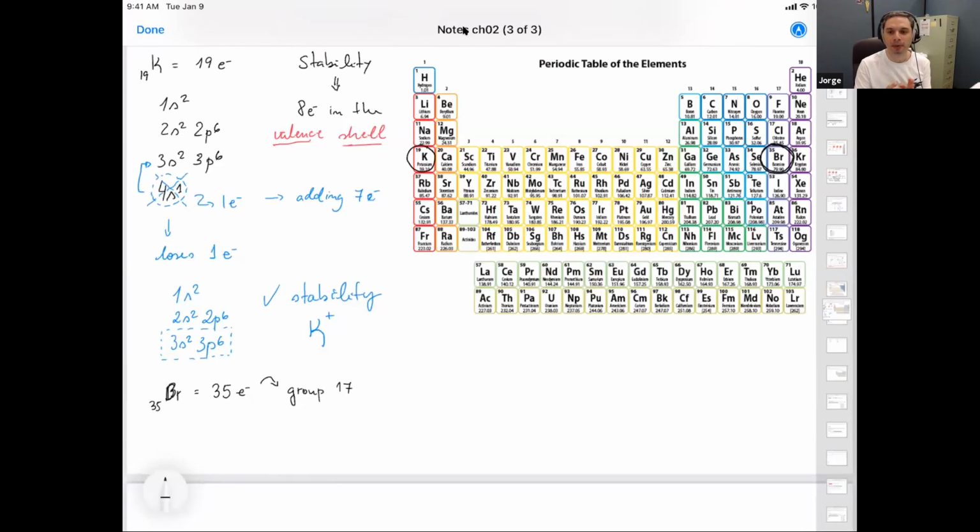Remember, when you are between groups 13 and 18, just subtract 10 to determine the number of valence electrons. Therefore, the number of valence electrons for bromine is 7.